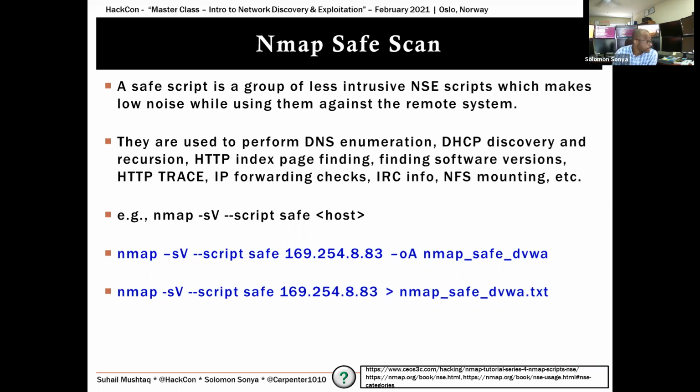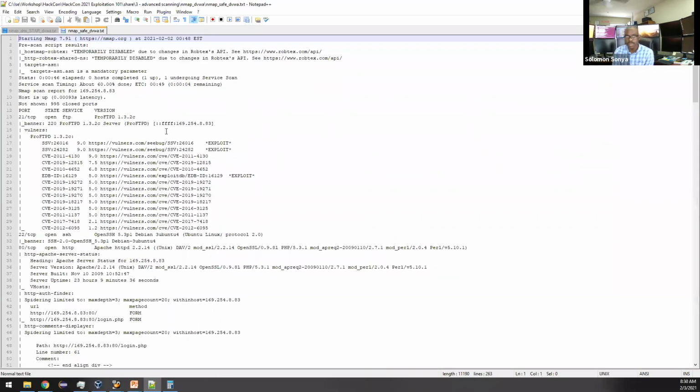Nmap safe. If we look in the slides, we're looking at advanced scanning, safe. We did a safe scan. So here are some of the results from the safe scan itself.